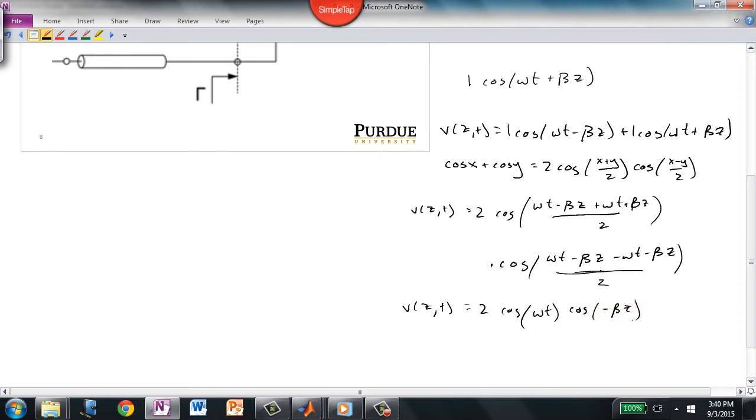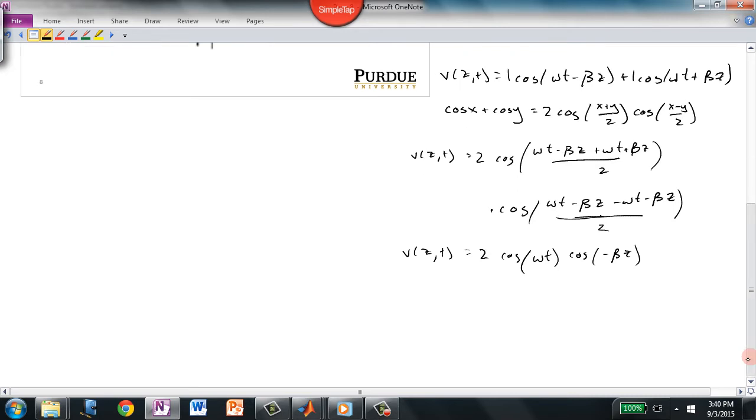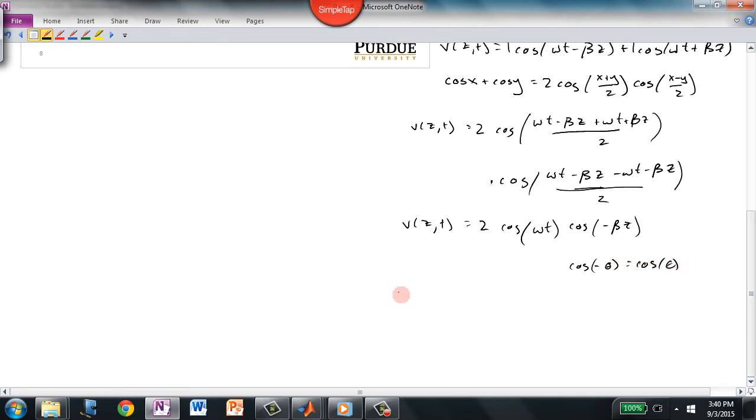So cosine of minus beta z. Remember that cosine is an even function. Cosine of minus theta is equal to cosine of theta. And so therefore v of z comma t is equal to 2 cosine of omega t times the cosine of beta z.